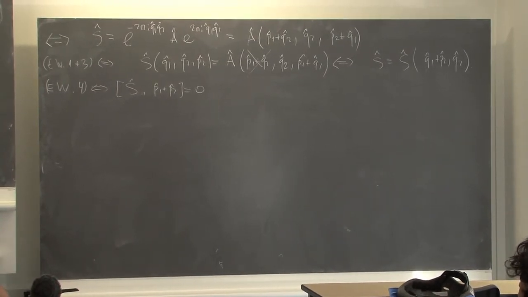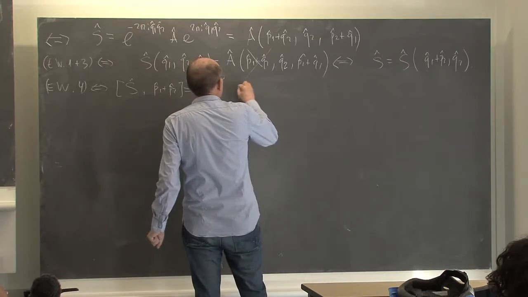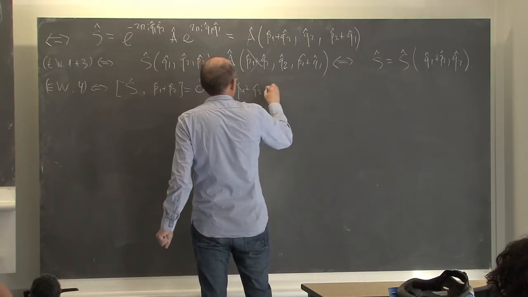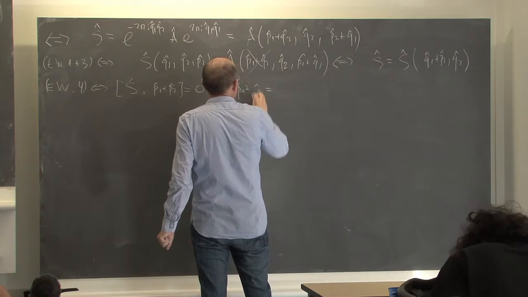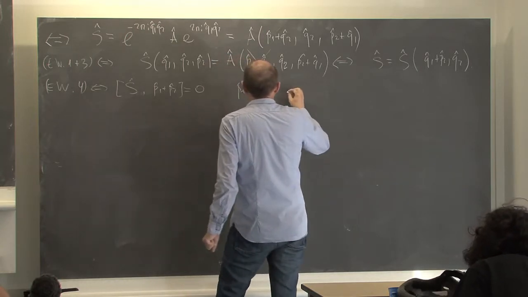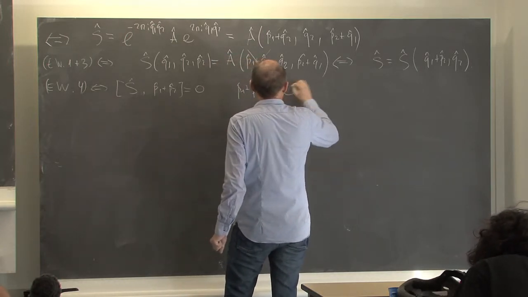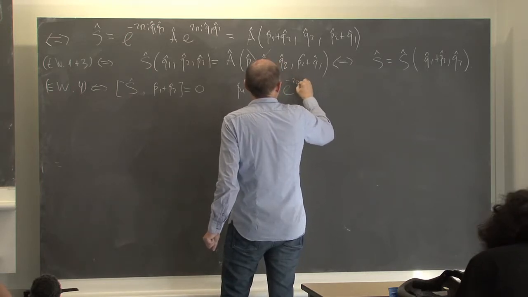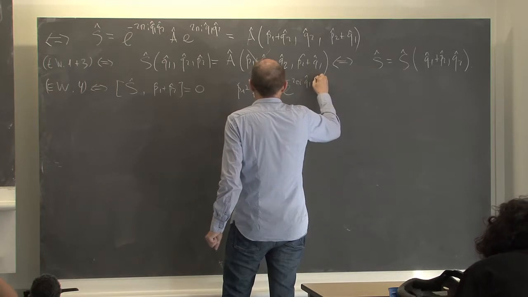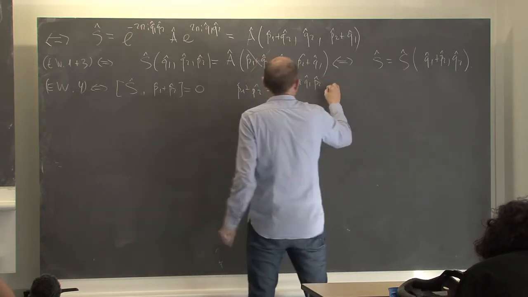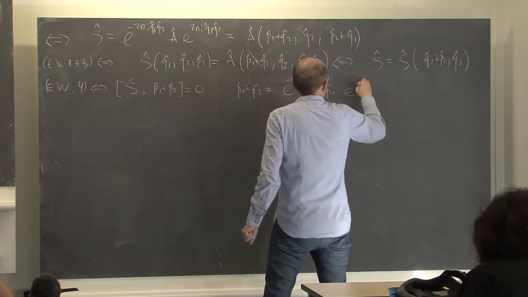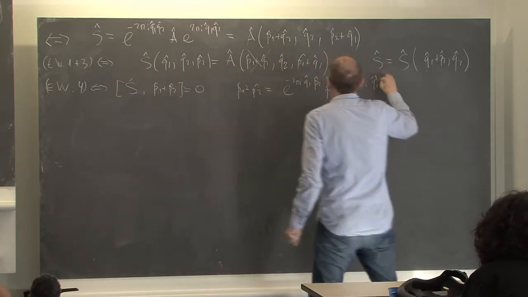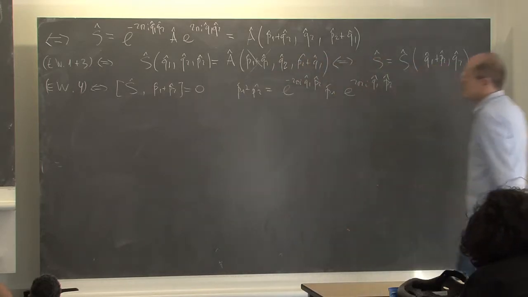But we can rewrite this. The P1 hat plus P2 hat can be rewritten as a conjugation by E minus 2 pi I Q1 hat P2 of P1. So I'm doing a similar thing as before.